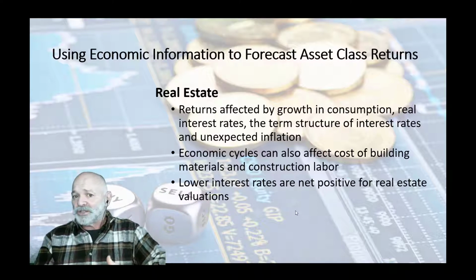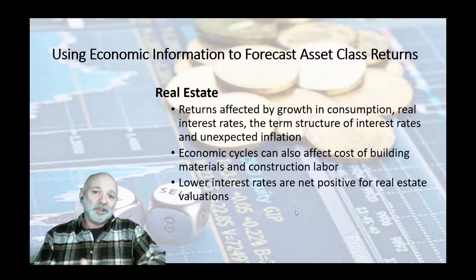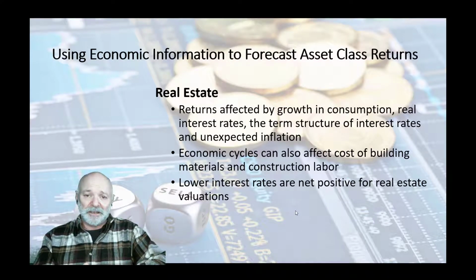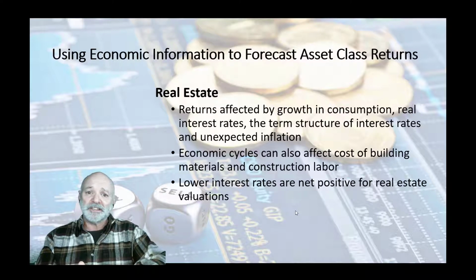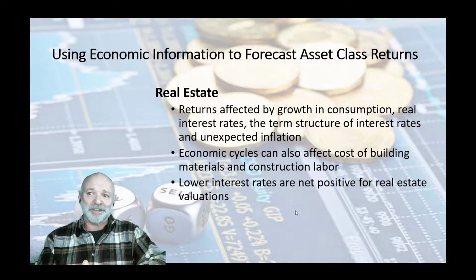So if the economy is doing well and we're opening more offices, that puts upward pressure on real estate. They can also affect the cost of building. And so, for example, if we're having a boom in real estate, that means the cost of things like cement and steel will also be rising, which will be putting increased cost pressure on real estate at the same time.